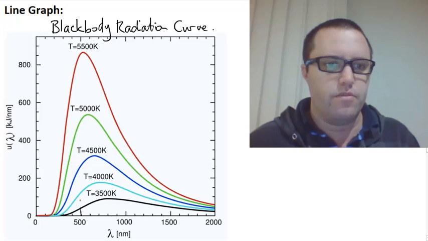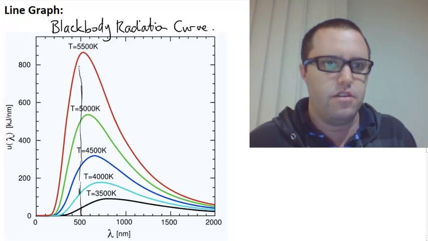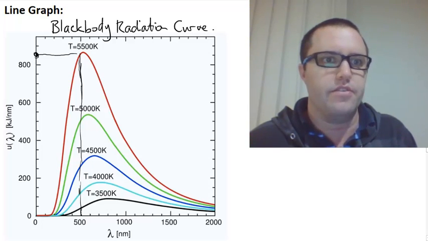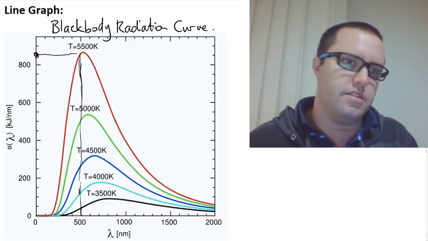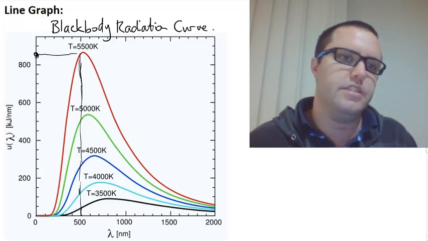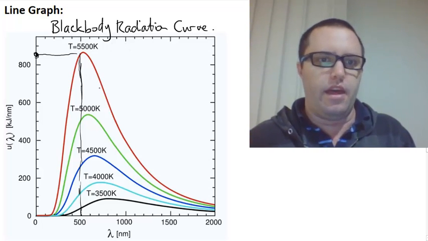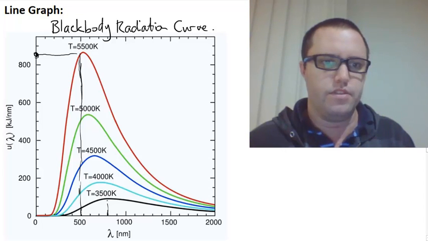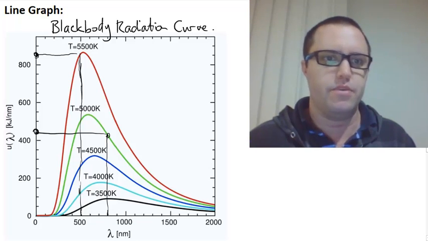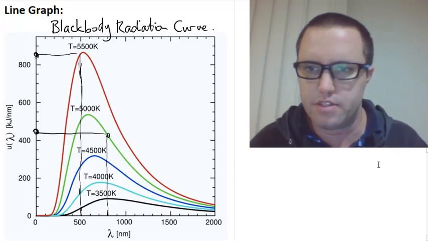If we look at light that is 500 nanometers in its wavelength, we're going to see an intensity of just over 800, 820 maybe. And that is its energy density, and that's how we read these line graphs. So you essentially find what you want from this end, follow it up, see where you hit the line graph, go across, and there is the corresponding reading. Okay, so that's how you organize those ones there.